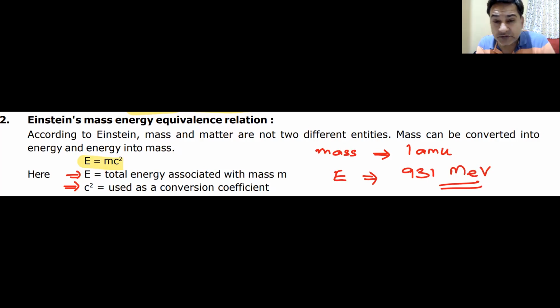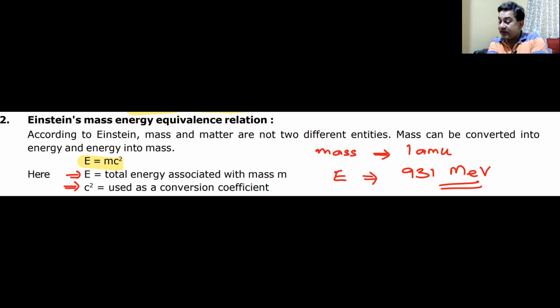If 1 AMU of mass is there, the energy you can get from Einstein's equation from 1 AMU of mass is 931 mega electron volts. Mega means 10 raised to the power 6. Will you remember this? Definitely. Okay, please note it down.